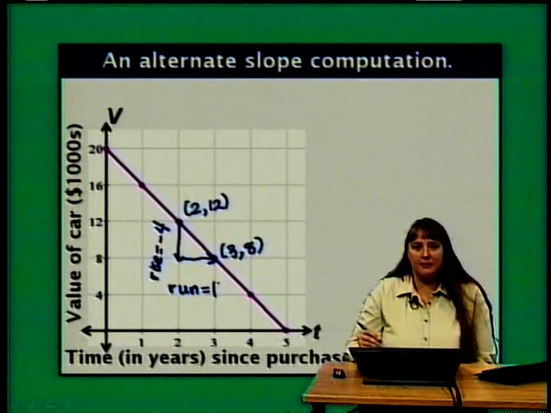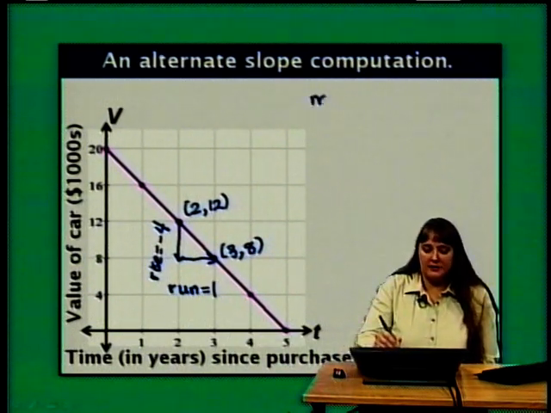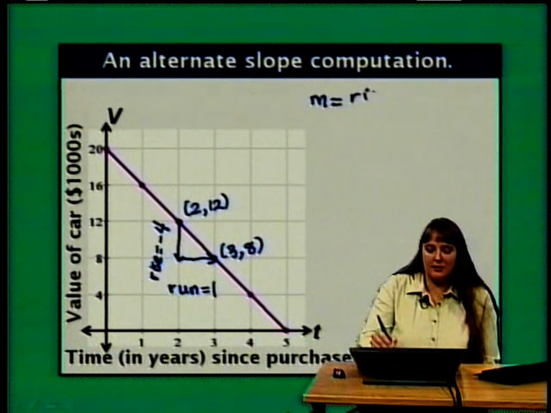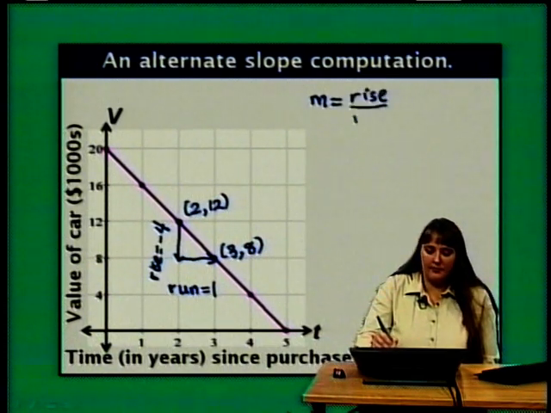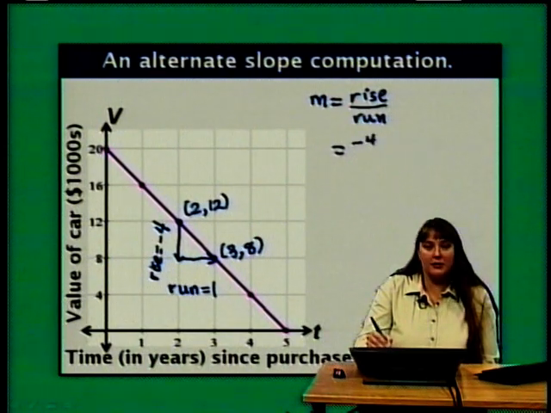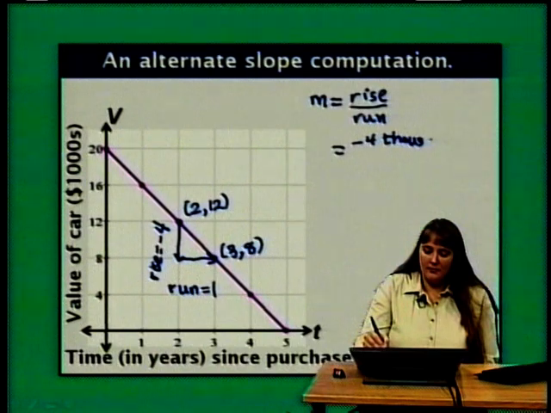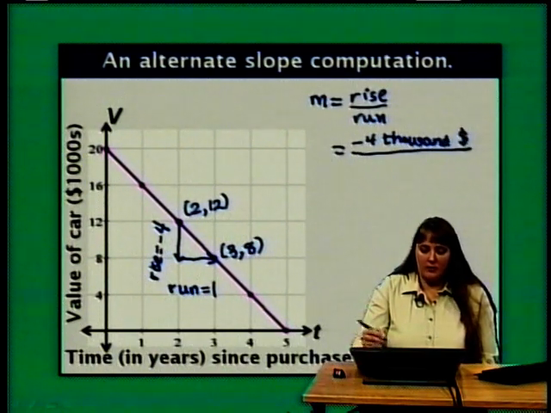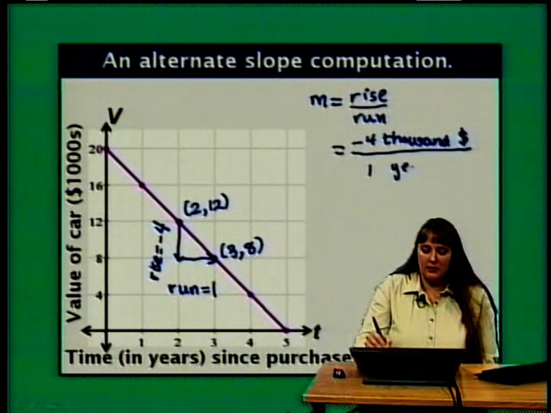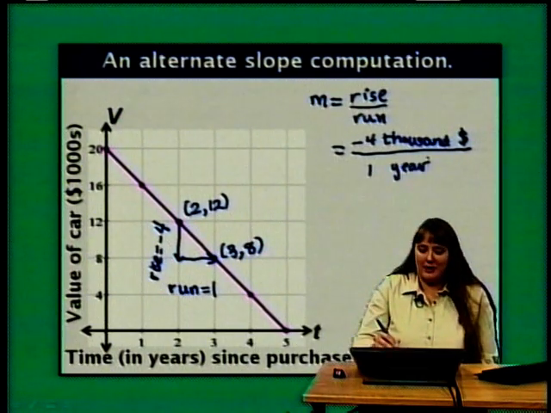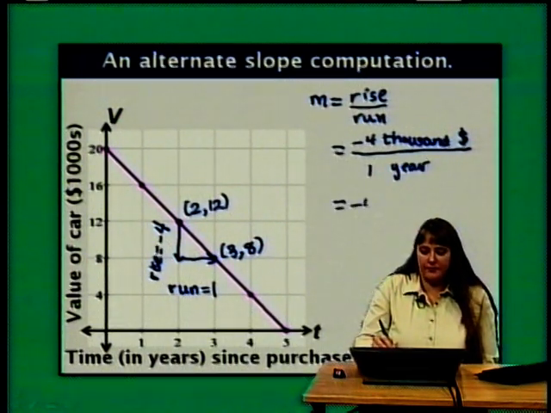So I can say the run is +1. When I compute the slope, rise over run, I have -4, this is in thousands of dollars again, over 1 year. -4 divided by 1 is -4.